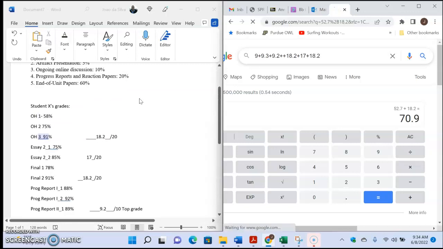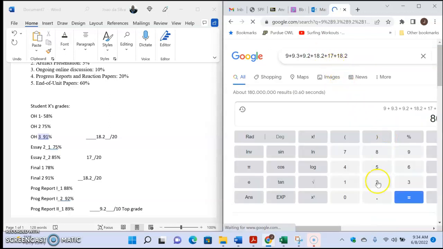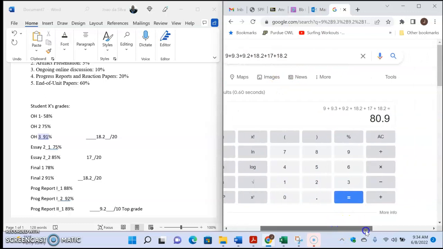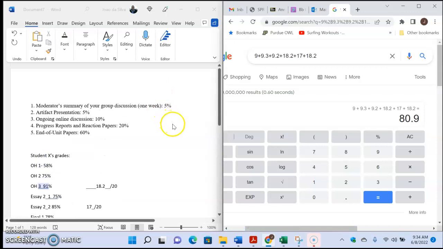And that's all the student got. Oh, Google, you're not helping. Oh, there's a plus here. Okay, so this student's final grade was an 80.9, which is a B minus.